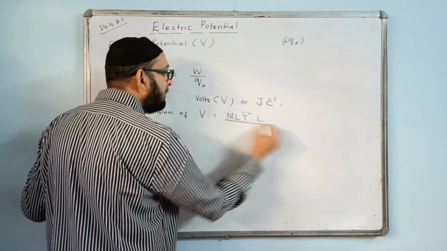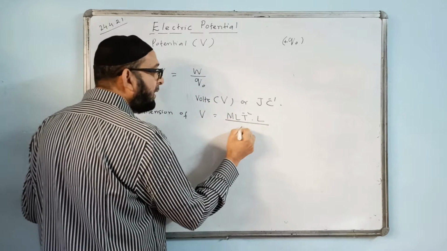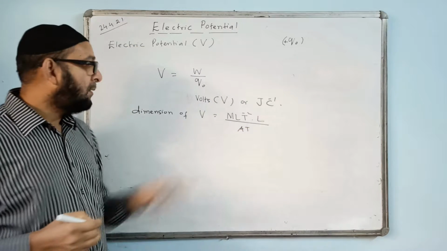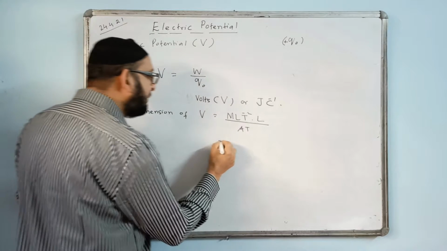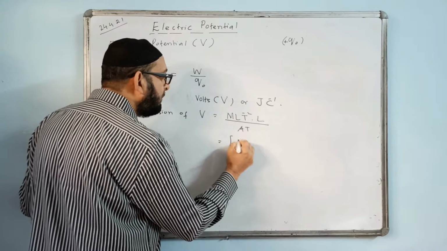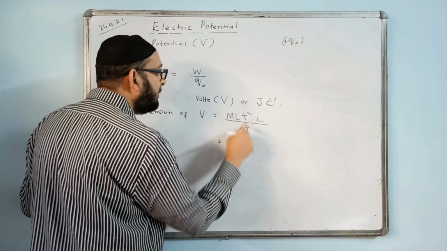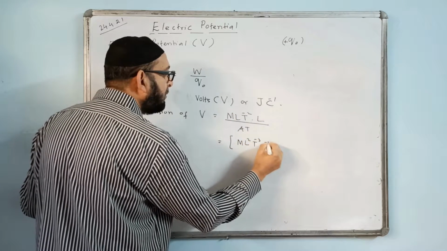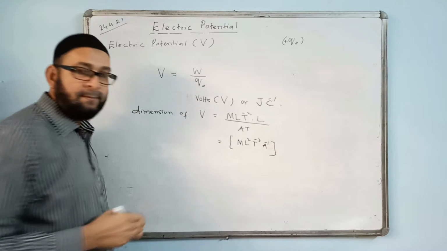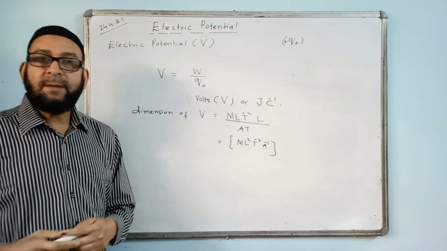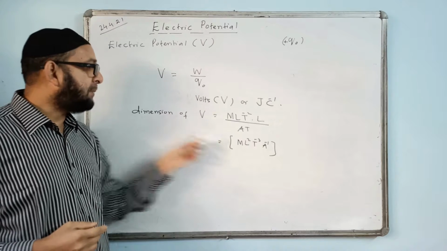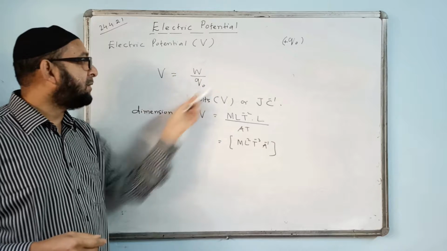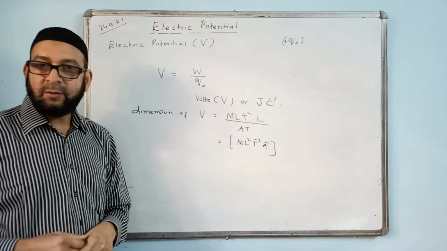Displacement is L. The dimension of Q we write as AT, either AT or IT. Now using this we can write down the dimension of V, that is M L square T minus 3 A to the power minus 1. So this is the dimension of V. A question may come, give the dimension of electric potential. You can derive it by using this relation, V is equal to W by Q naught.